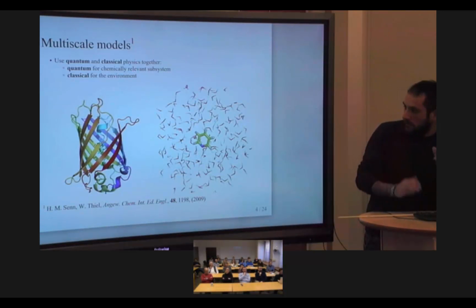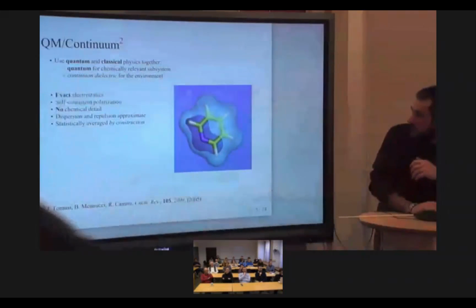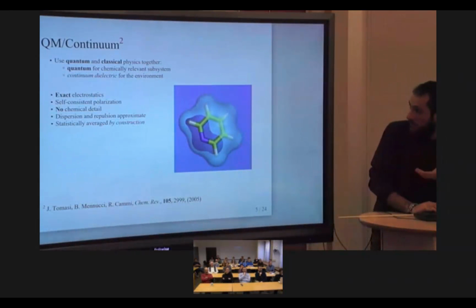And the part of the system that influences the chemically relevant part, but is not responsible, for example, for the reactivity or the spectroscopic response, like the barrel structure around the GFP or the solvent molecules in a solution, we describe with a classical model. So this classical model can either be focused, or in our case, the model that we choose, a continuum.